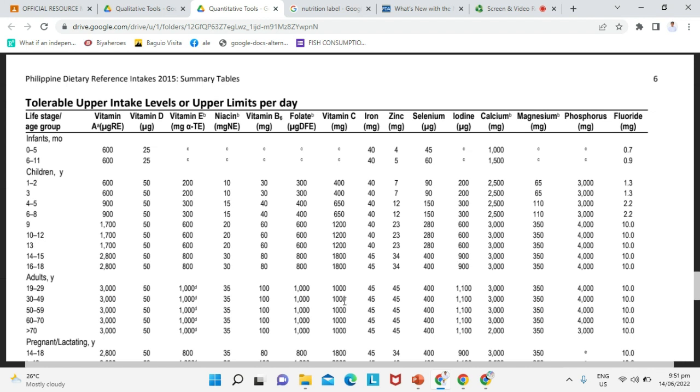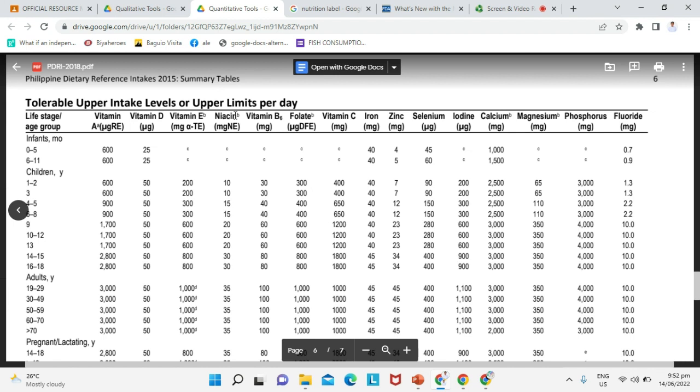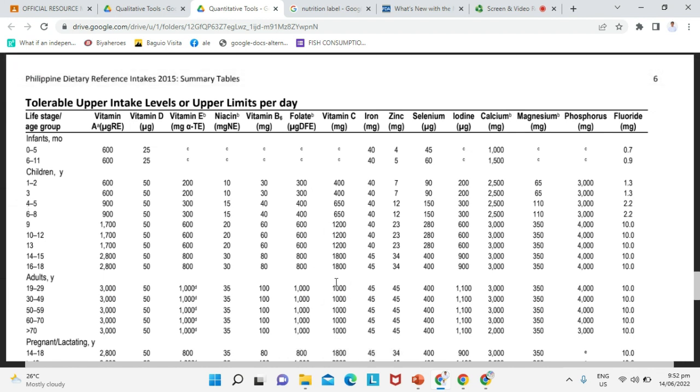So kung 3 tabs, so that's 3 times 500, so 1.5 na, 1.5 grams per day na, which is way beyond the UL or the upper limit. Okay, so that also speaks volumes how the use of supplements would frequently lead to toxicity.